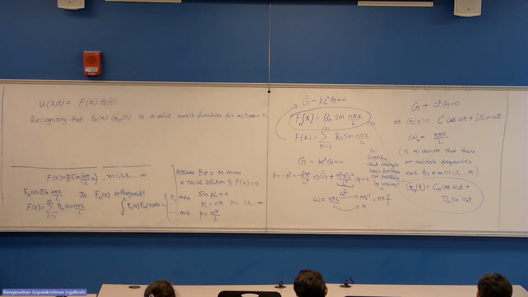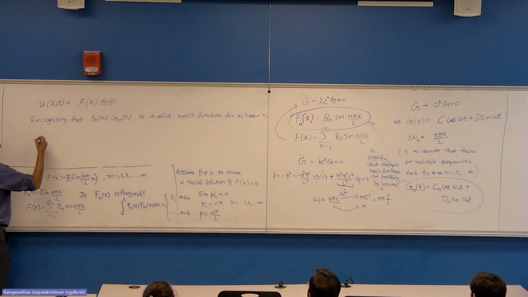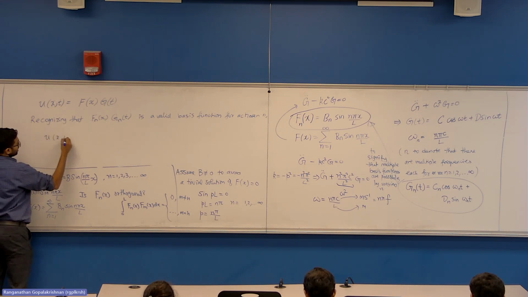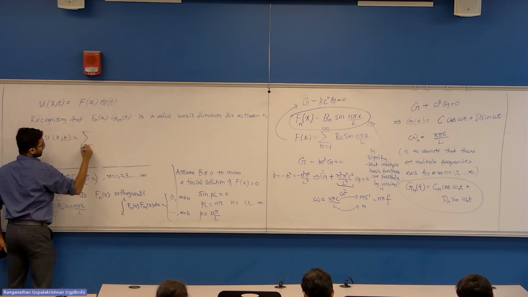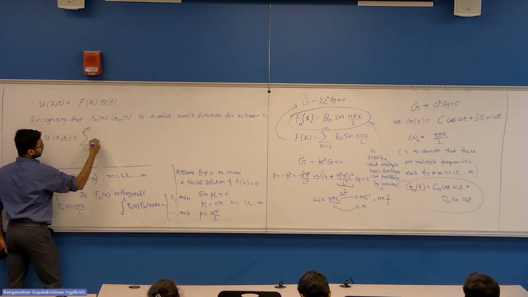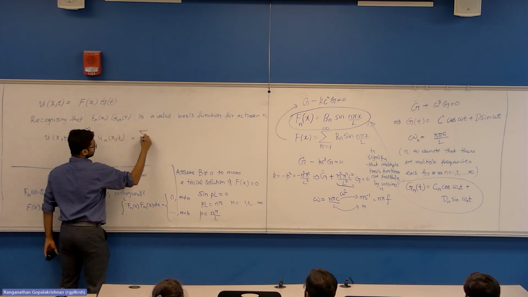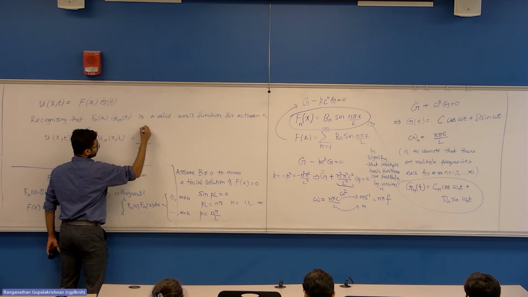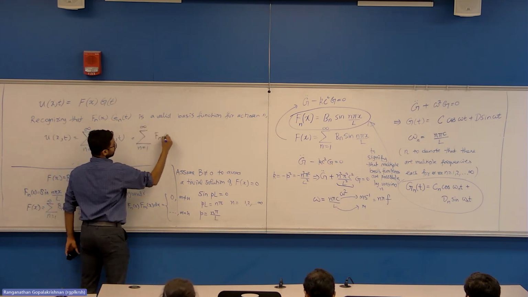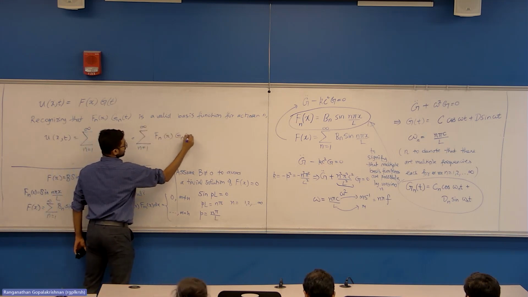Fn gn is a valid basis function, which means u of x comma t is really an infinite series, n equals 1 to infinity, un of x comma t, which is n equals 1 to infinity, fn of x times gn of t.